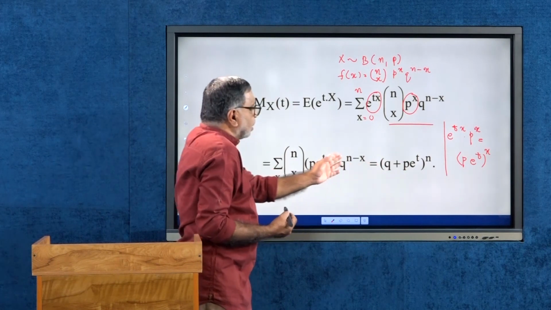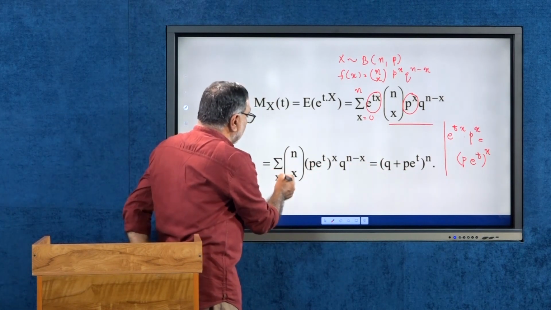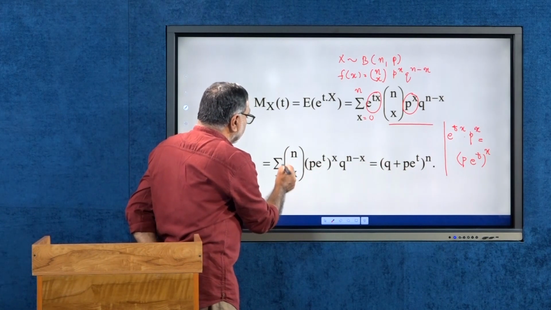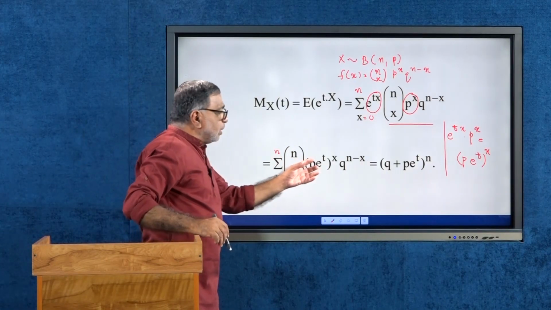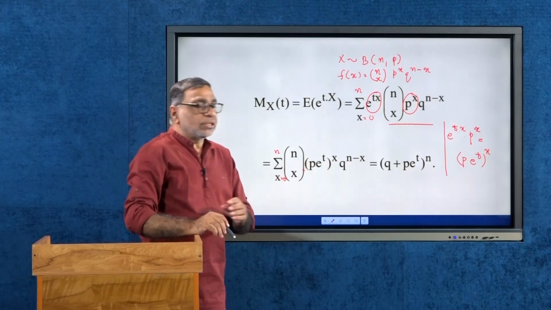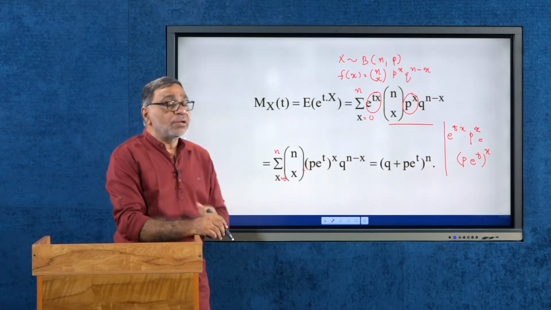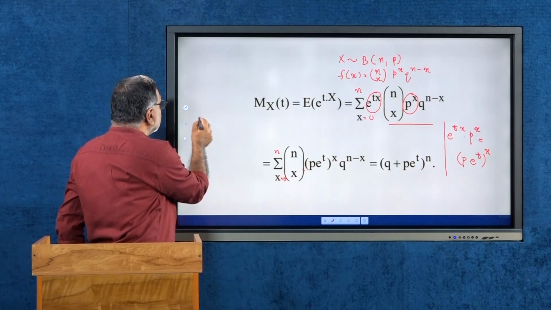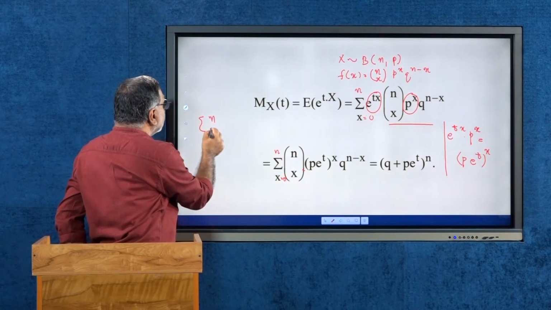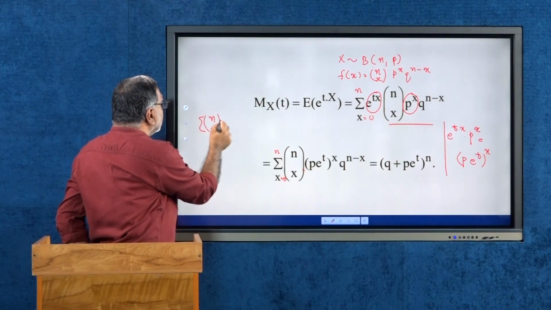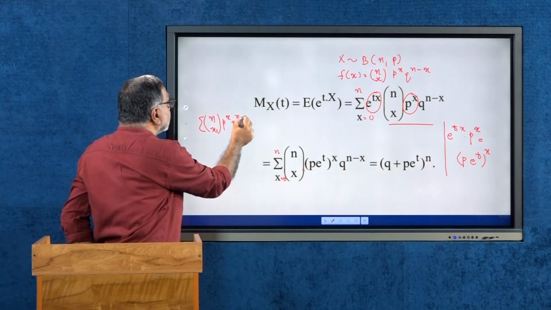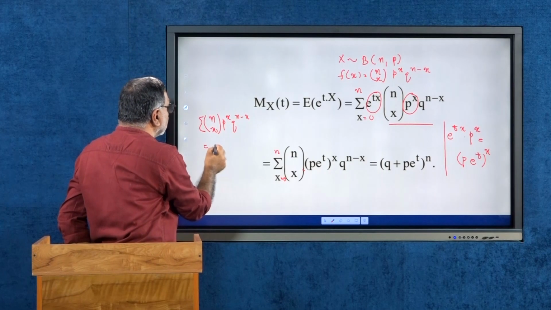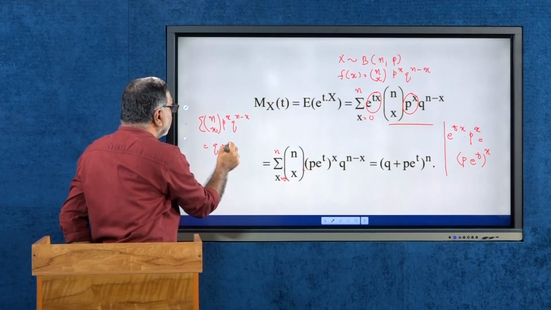You substitute that quantity here. So, sigma over x, x equal to 0 to n, nCx (p e power t) power x q power n minus x. Again use the result that the sum from 0 to n of nCx p power x q power n minus x is equal to (q plus p) all power n.